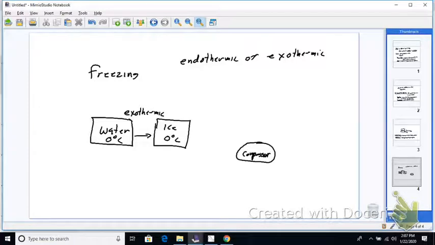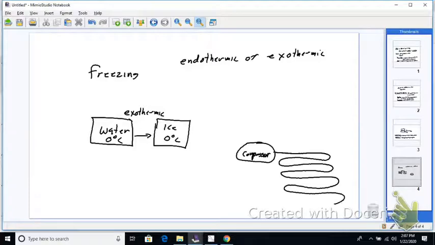So then we got this line that's full of liquid or gas, depending upon. So this gas called Freon will be compressed into a liquid.